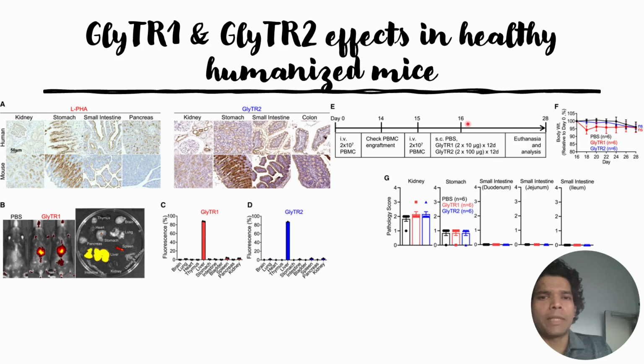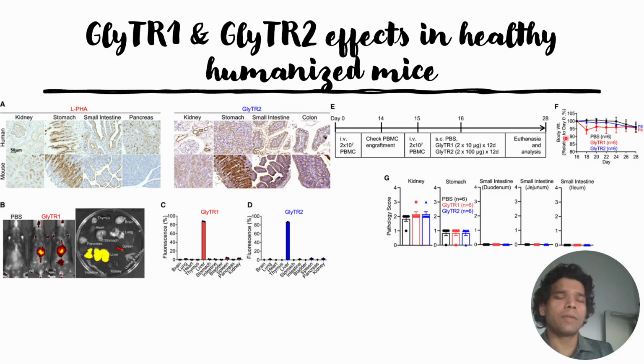After 28 days from the first injection they euthanize the mice and analyze GlyTR1 and GlyTR2 in different organs, and they found that the signals were similar to the control. There are no enhanced signals. At the same time, when they checked the body weight to assess toxicities, they did not find any significant difference compared to the controls for both GlyTR1 and GlyTR2.